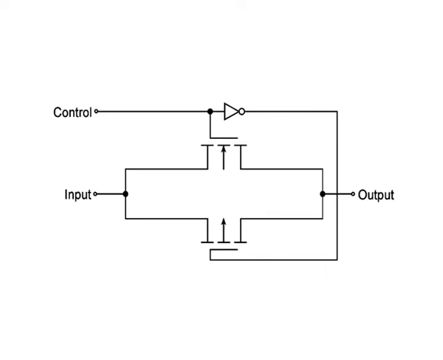When the control input is high, both devices are conducting and the switch is closed. When the control input is low, both devices are open and therefore the switch is open. It may be mentioned here that there is no discrimination between input and output terminals.